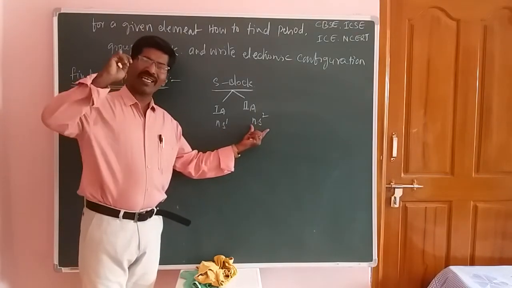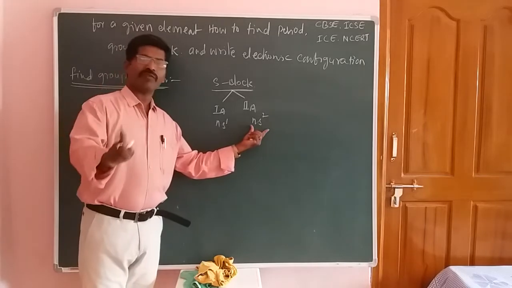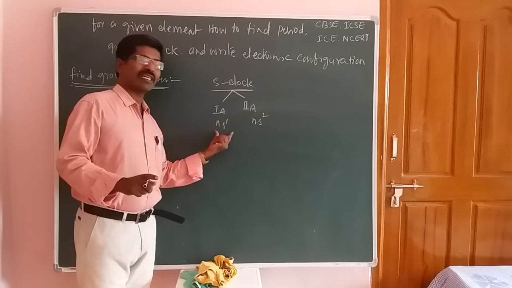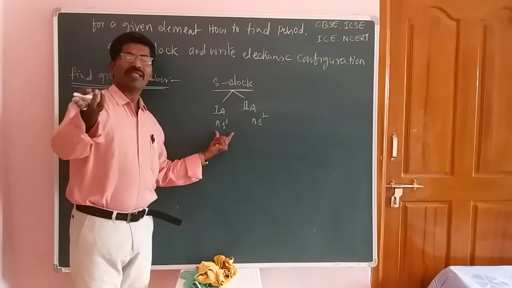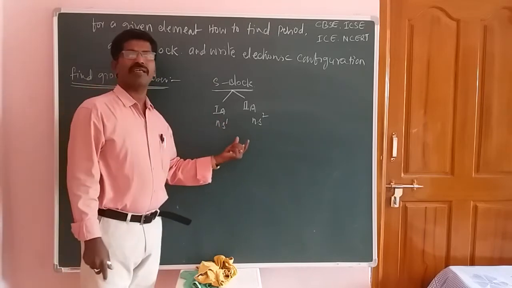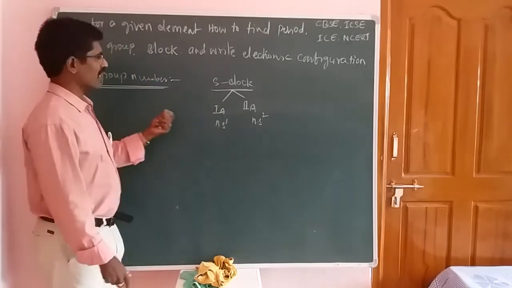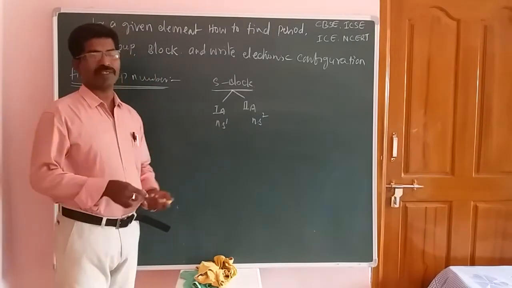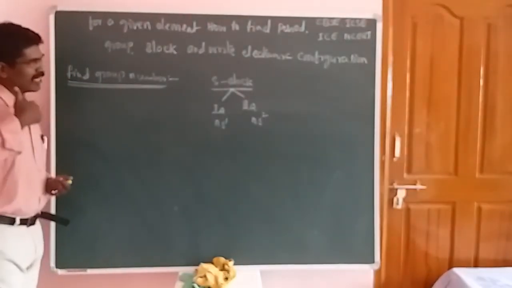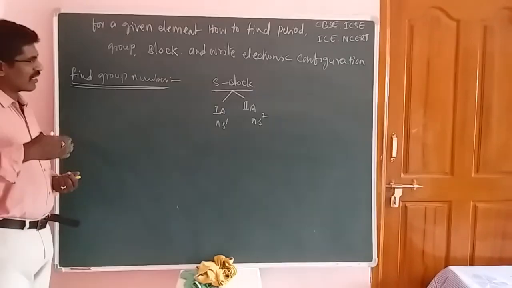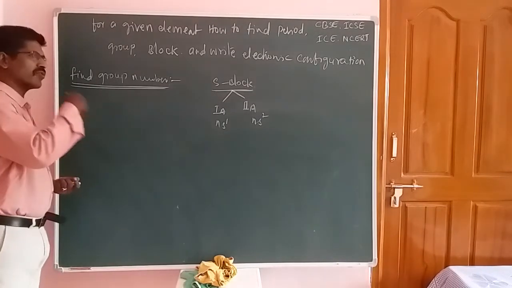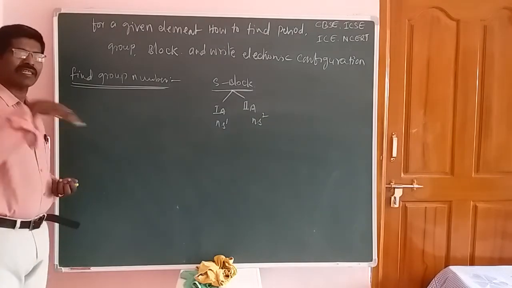When you write the electronic configuration for the respective element, if you get any s orbital, then you have to check whether it belongs to the first A or second A. It is very easy to find s block elements, first A and second A group elements. So this is the trick to decide whether the given element belongs to the first A group or the second A group element, based on this concept.